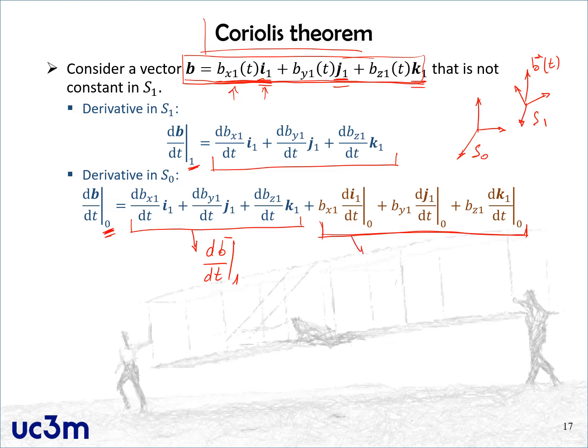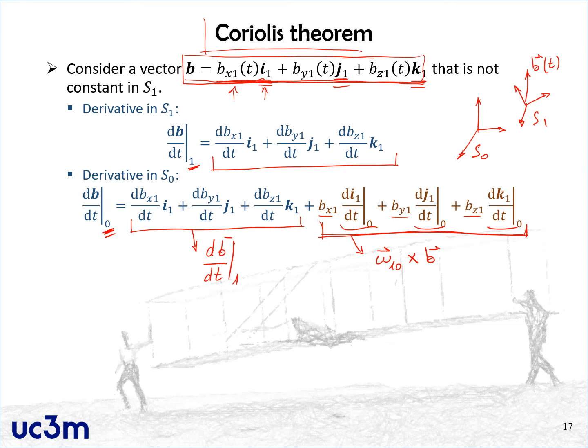After some algebra, you can rearrange this in the following manner. Basically, you see that you have the components of the vector untouched, so they didn't change. But you have the derivative of the vectors of the basis, which we can write down in terms of omega. So this can eventually, after some algebra, be expressed as omega cross b.